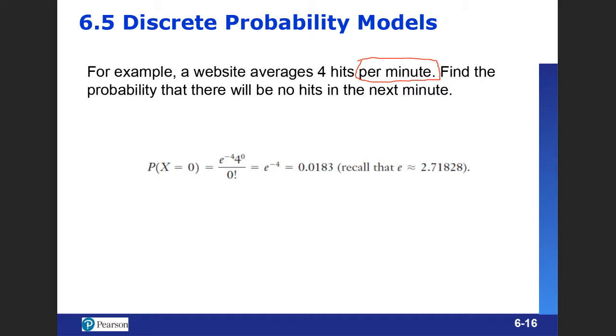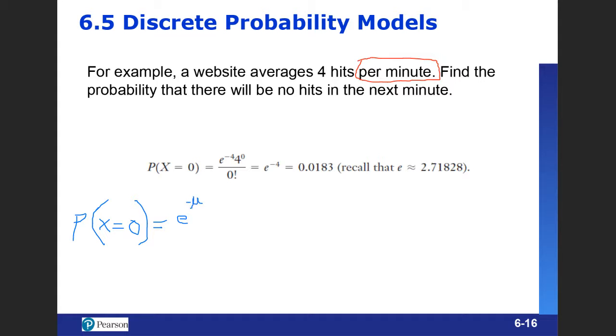Okay, so now I'm going to find the probability that X will have no hits. I know you have the values here, but I'm going to rewrite the formula because you need to know where these numbers are coming from.